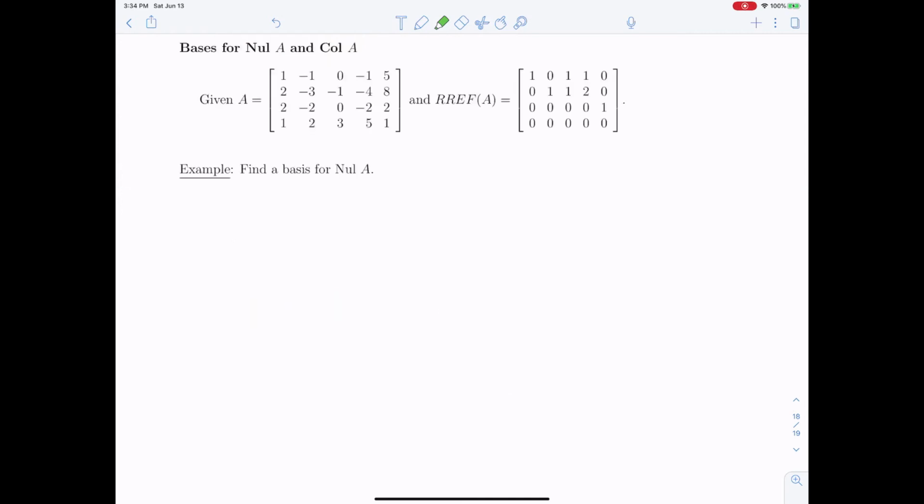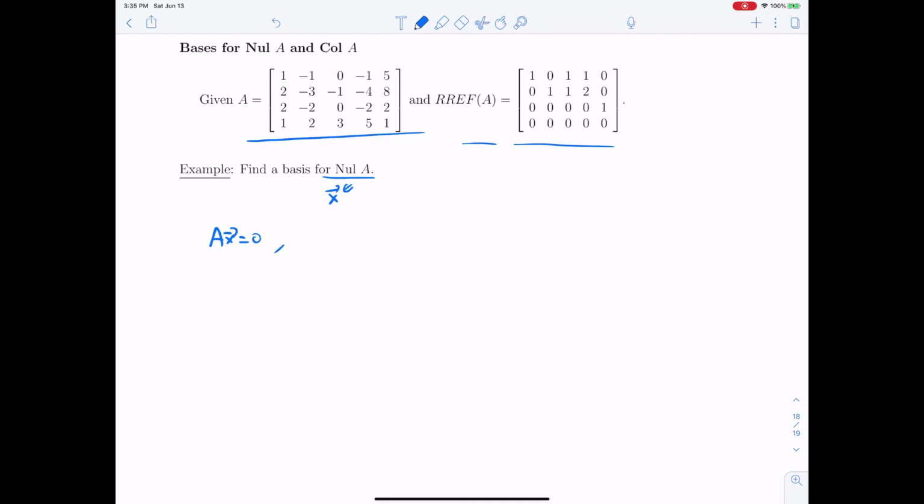So it is very interesting to find a basis for the null space and column space of a given matrix. Suppose that A is a 4 by 5 matrix, and the RREF is given by that. Let us first find the basis for the null space of A. Basically, an element x inside the null space satisfies Ax equals 0.